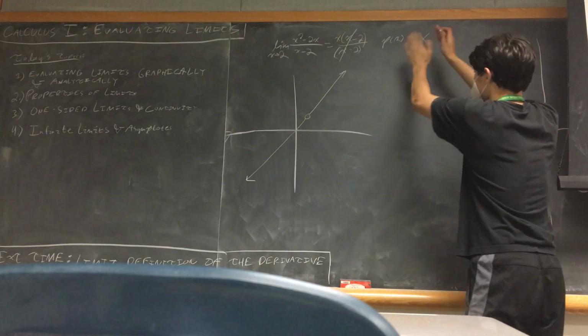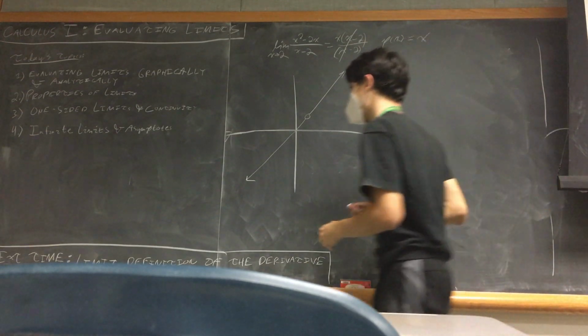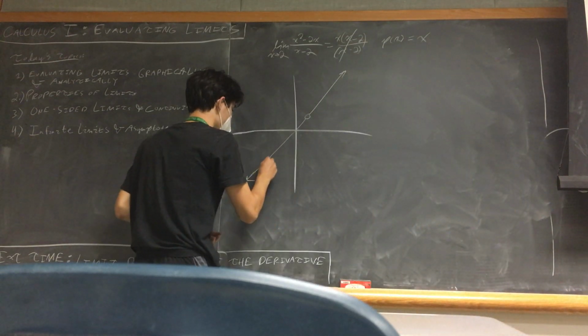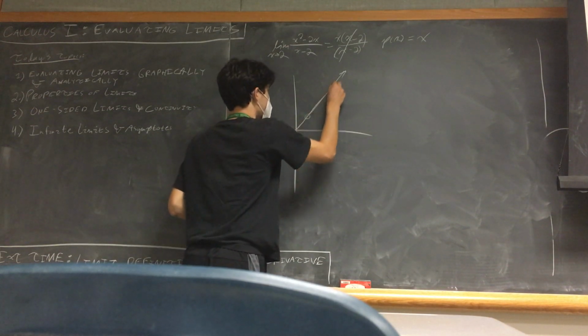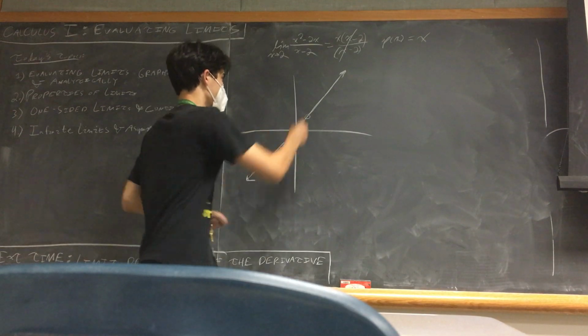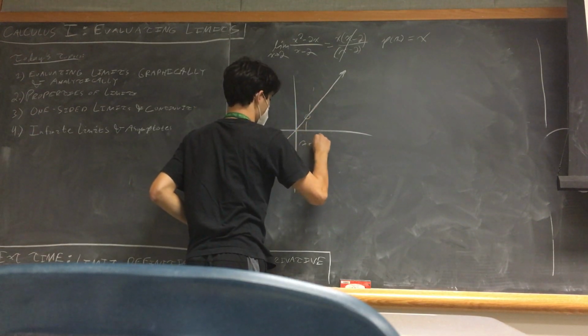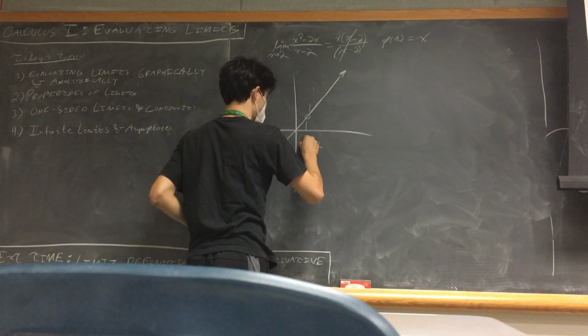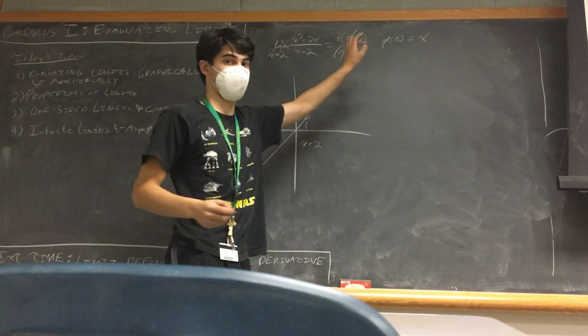Now, if we were to graph p of x equals x, we would see that actually over their entire domain, except for x equals 2, these two functions are equivalent.